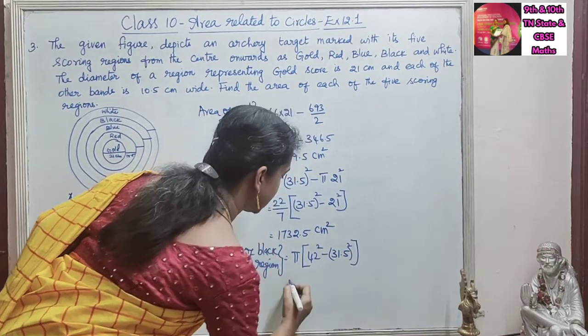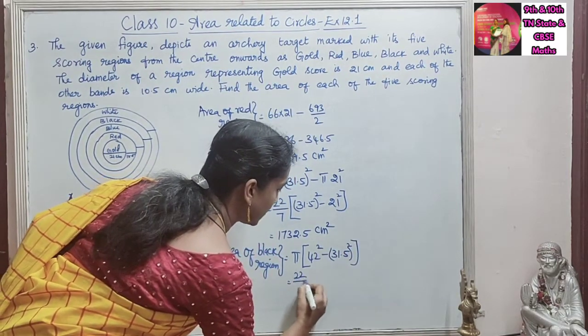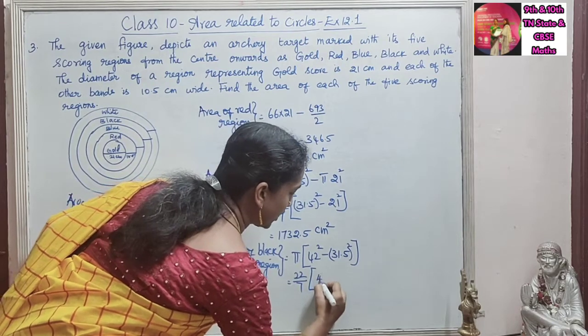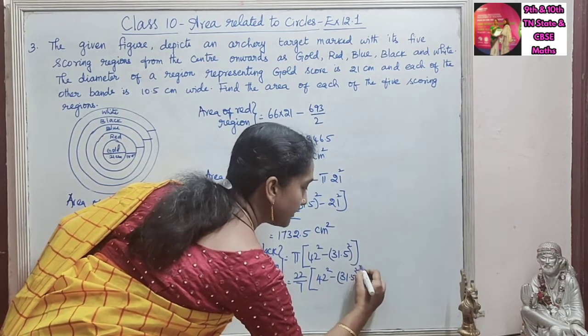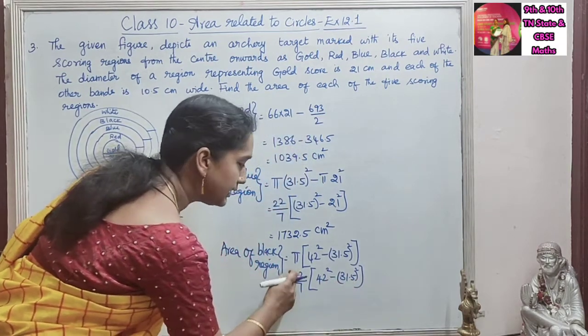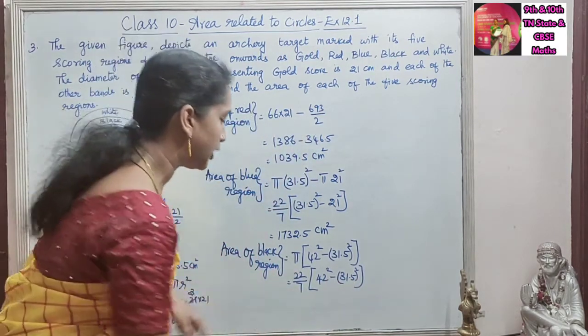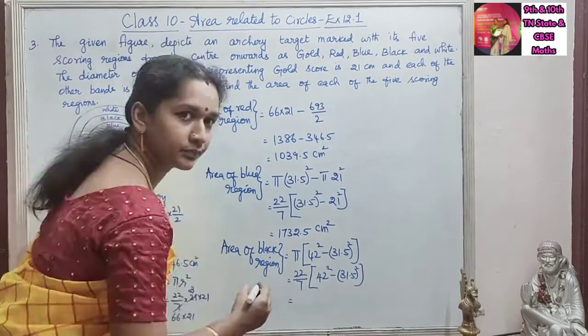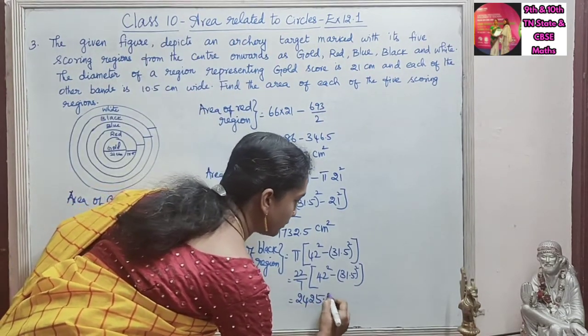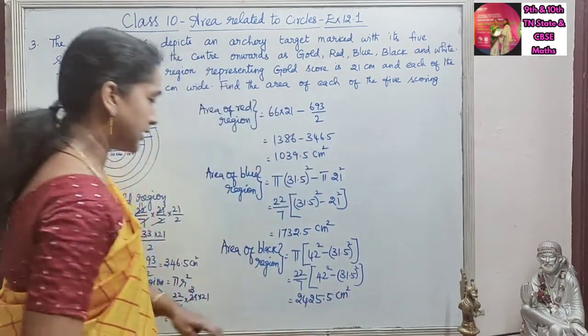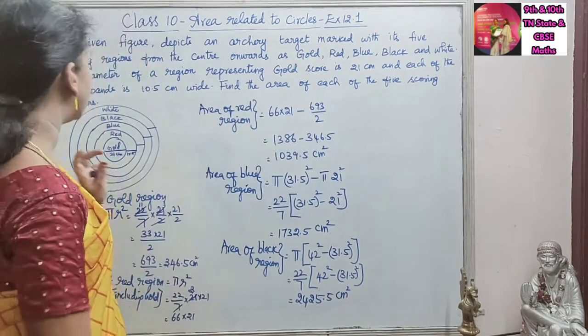So again when we simplify this, this is 22 by 7, and when we find the square of 42 and 31.5, subtract it, then multiplying it by 22 by 7, we will get 2425.5 centimeter square. So this is area of the black region.